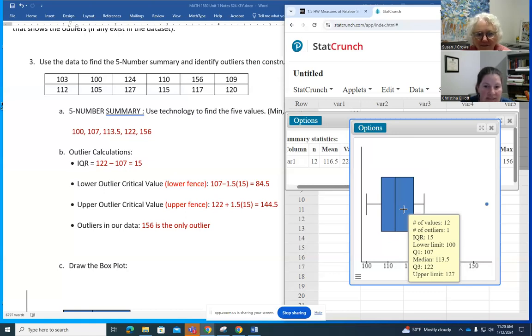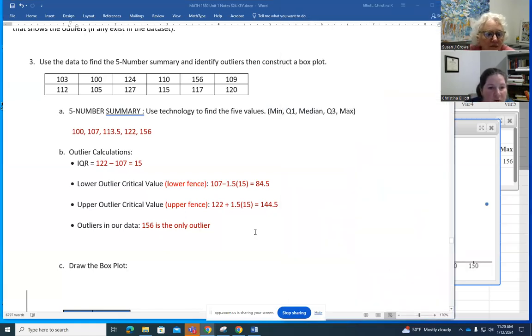Well, there's nothing in the data set between 127 and 156. And so it lists 127 as the upper limit because that's the highest value in the data set that's not an outlier. I'm glad you pointed that out. I just didn't want that to be confusing.